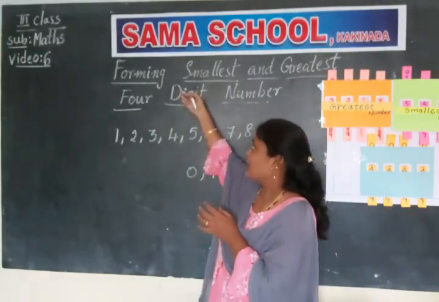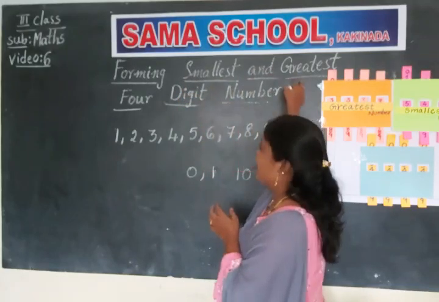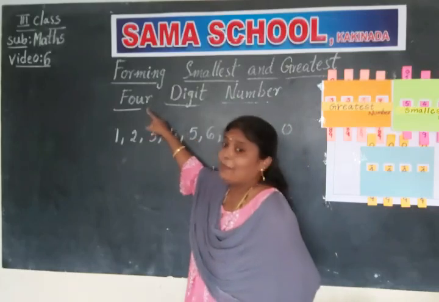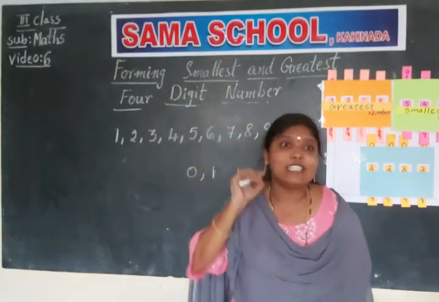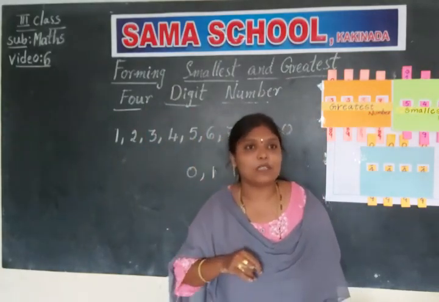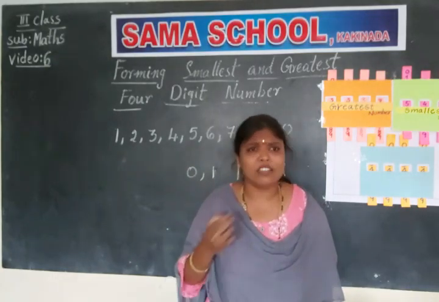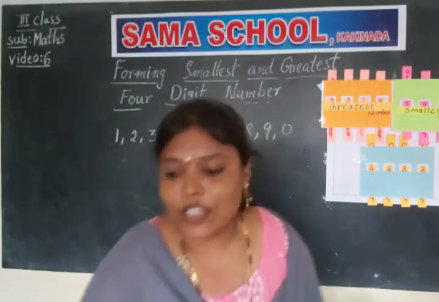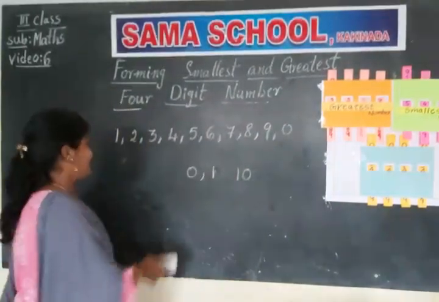So today our topic is forming smallest and greatest 4-digit numbers. Why 4-digit numbers? Because we have already learned up to 3 digits in our previous classes. So come on, let us start.